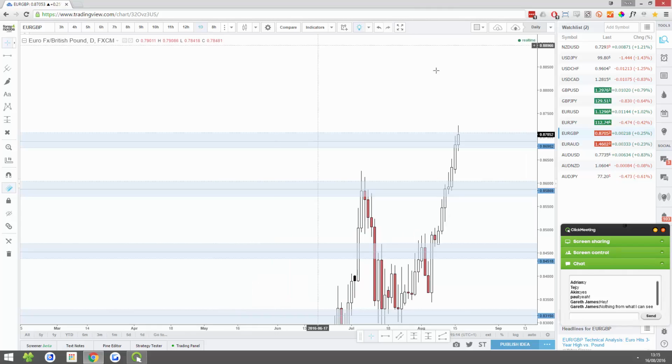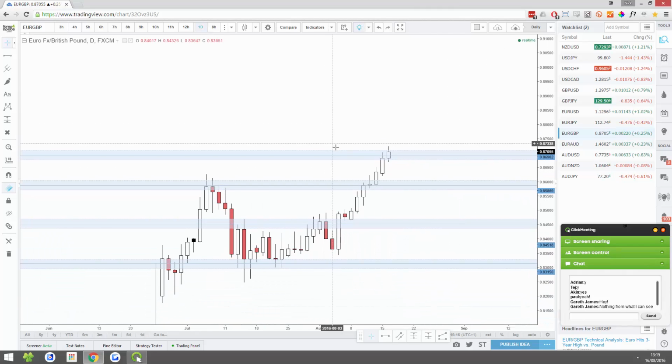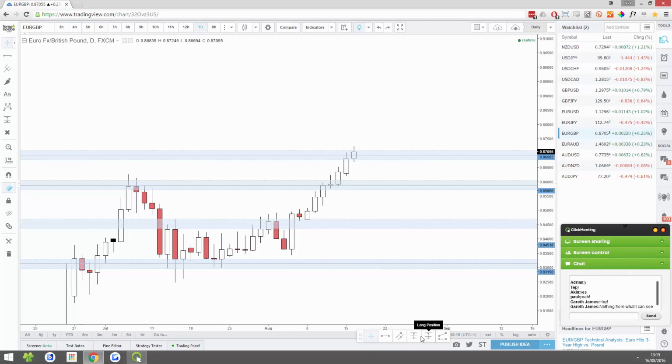It would be a pretty tough trade, risk to reward ratio wise.